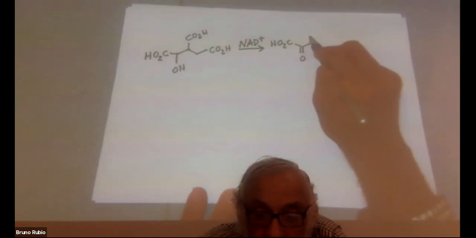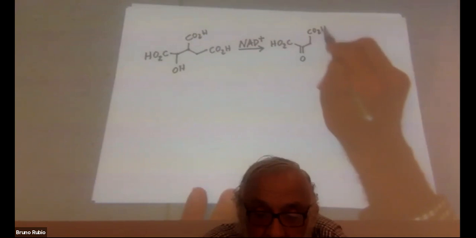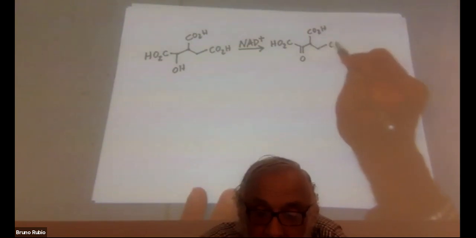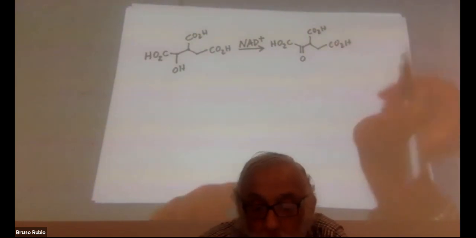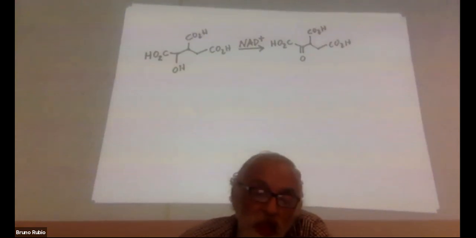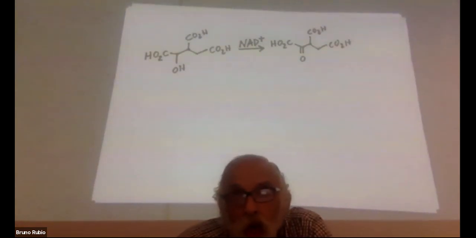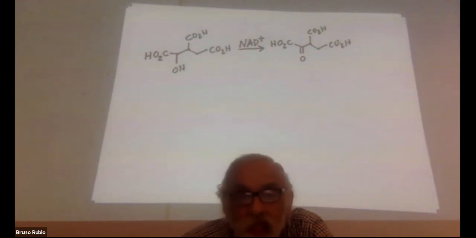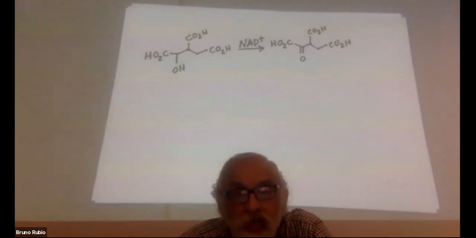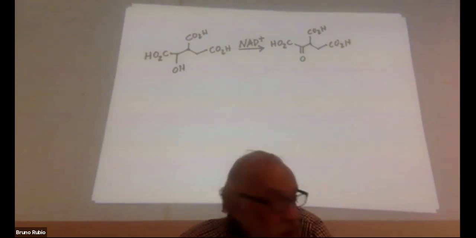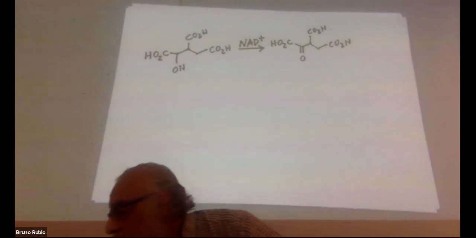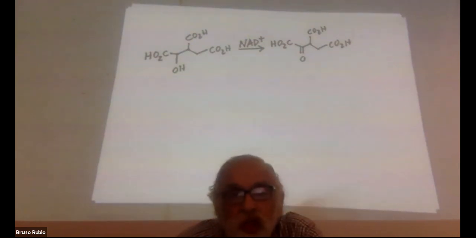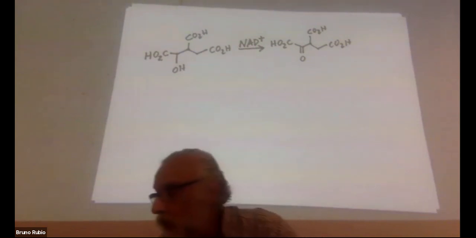So the product here of this oxidation would be this, and this is called oxalosuccinic acid. So this is a step in the citric acid cycle, the tricarboxylic acid cycle, or the Krebs cycle. It's just the oxidation of that alcohol to a ketone.